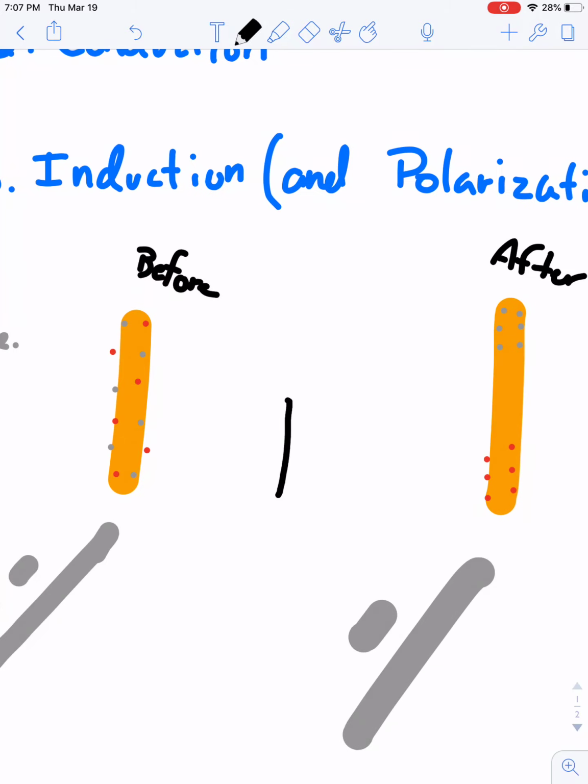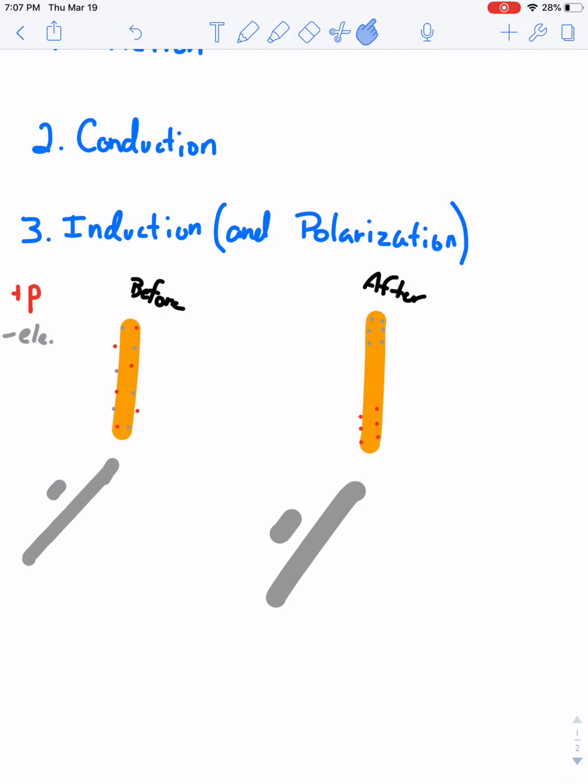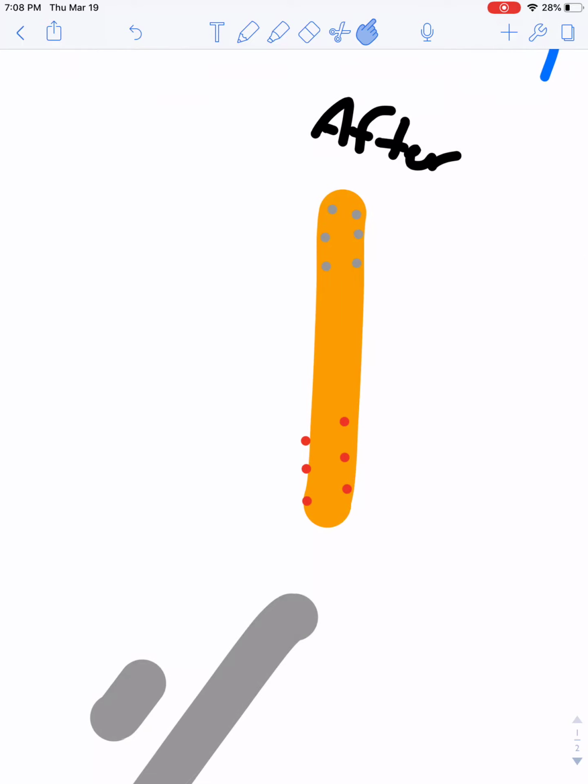Before, the copper wire is neutrally charged, right? There are 6 protons and 6 electrons, balancing out to a neutral charge. When you bring a negatively charged object near that neutral copper wire, it's going to separate the charges in the after picture here. You can see them separated.